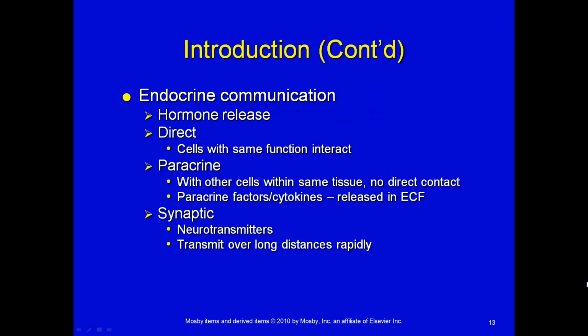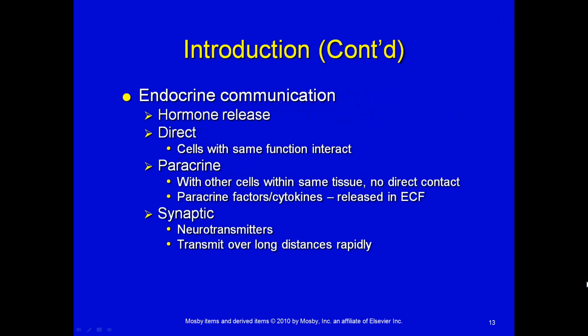So how do these glands communicate? I said that it's all through the release of hormones, and hormones can be different varieties. There can be direct hormone release, and that's where cells with the same function interact with each other. So hormones within the pancreas causing pancreatic cells to function together.